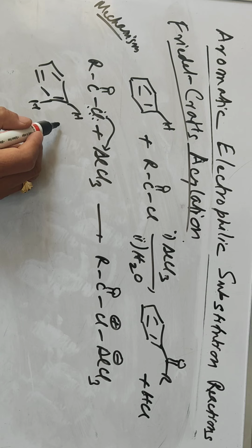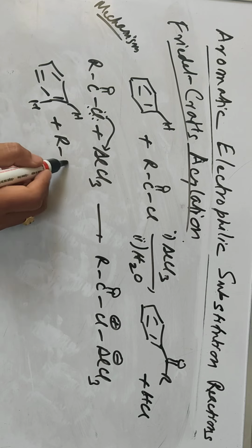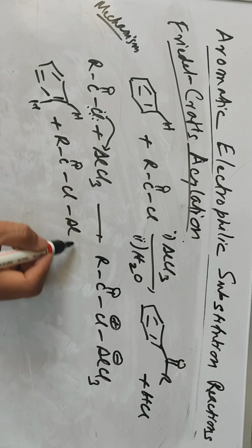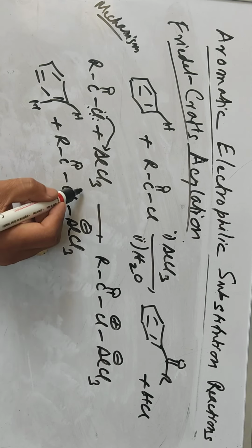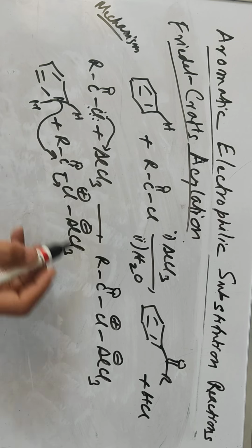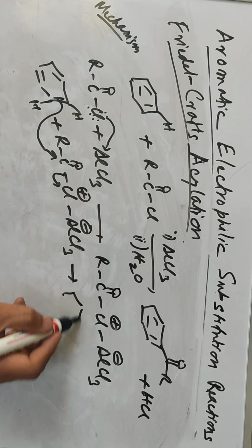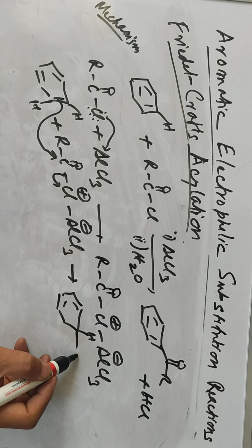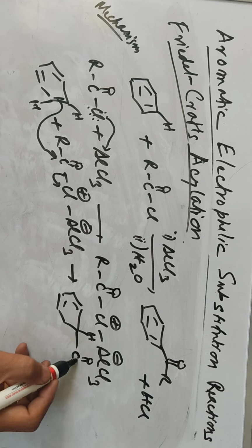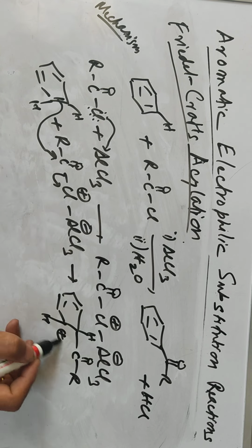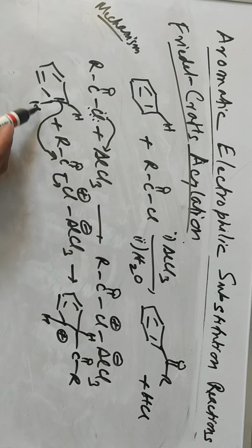RCO, Cl, AlCl3, negative charge here, positive charge here. This benzene ring attacks here, so you get this carbocation intermediate, with COR linked to the carbon here. Then we have a positive charge, which is delocalized, and the product is written here: this hydrogen, COR, with a positive charge.